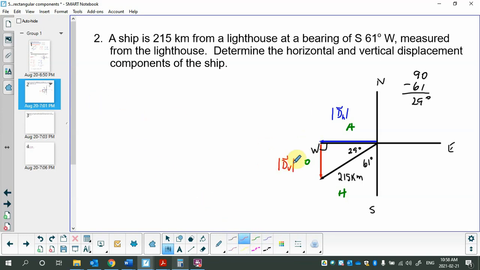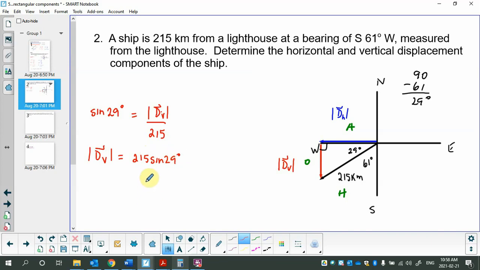So I have opposite and hypotenuse. I've got sine 29 degrees is equal to opposite over hypotenuse. I'm not going to put the 1 down. I'm going to say the vertical component of the displacement is 215 times sine 29 degrees.